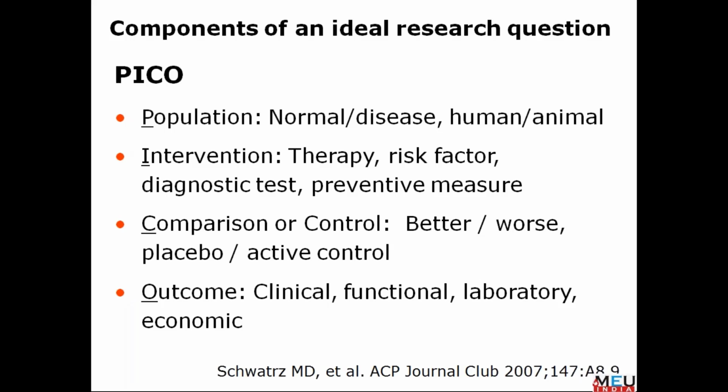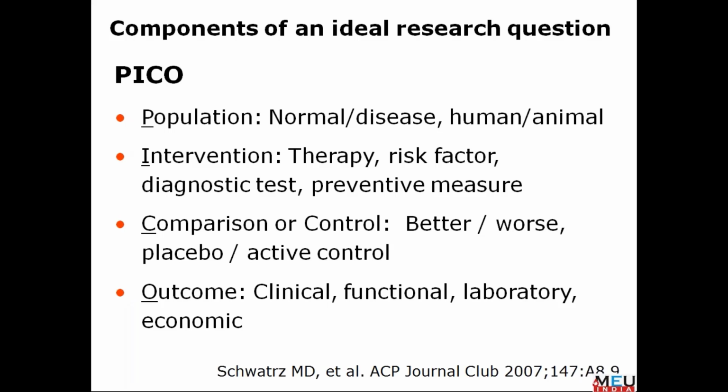Then outcome, what outcome do we expect? Whether any clinical outcome we are expecting, any functional, any change in some parameter, some laboratory involvement, some economic parameter is involved, some increase or decrease in the economic situation as a result of an intervention, any laboratory changes.